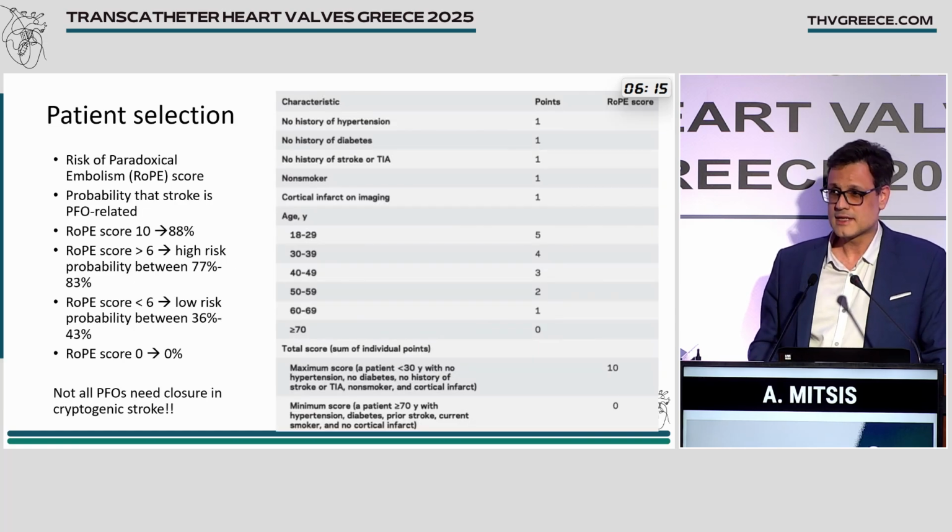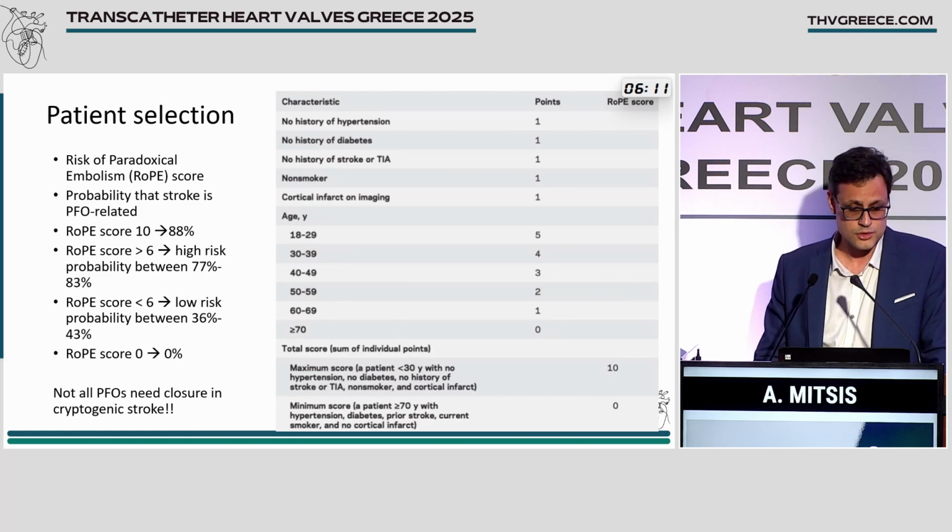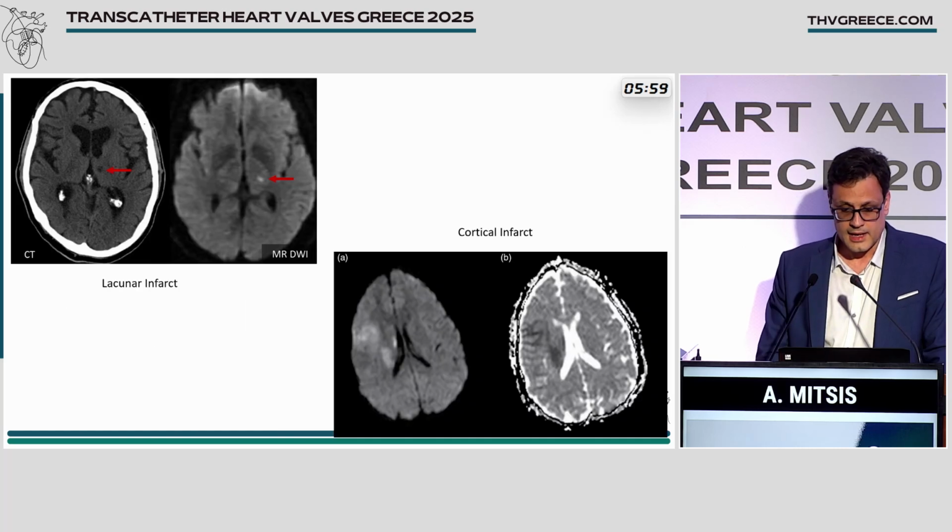As you can understand, patient selection is quite tricky and challenging. There are tools like the RoPE score we can use. In our institution, a RoPE score above 7 is mandatory prior to proceeding with closure of the PFO. And again, we need the neurologists, the stroke physicians by our side.